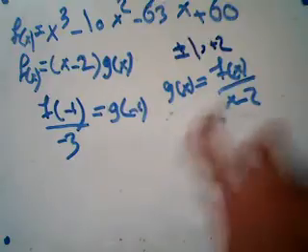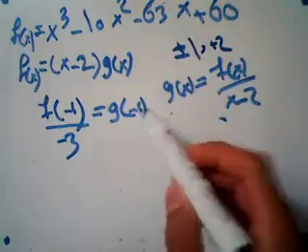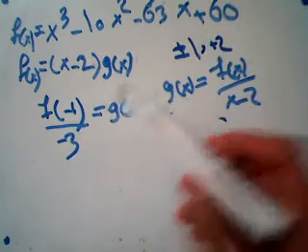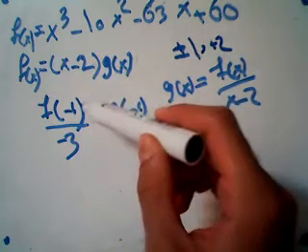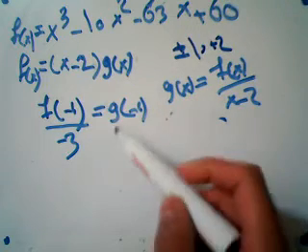So the coefficients of g are integers, then g of minus 1 is also an integer. That means that f of minus 1 should be divisible by 3 or by minus 3.